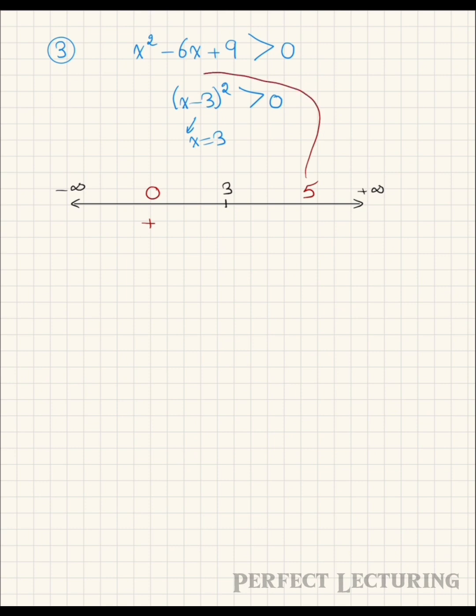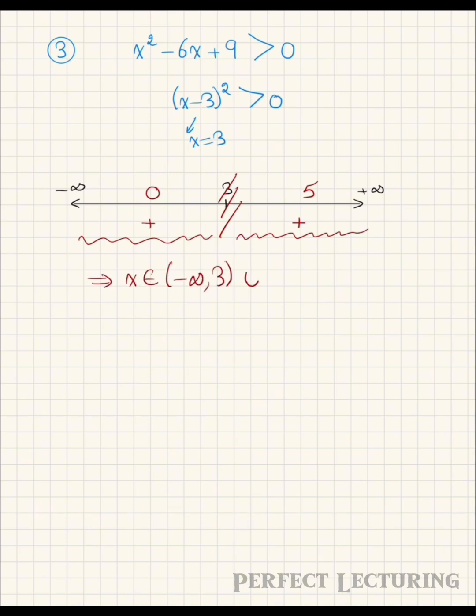Same for 5. If you plug it in here, you will also get a positive answer. And the solution region is this interval as well as this interval, but we have to exclude the 3. Why? Because there is no equal sign here. So the answer is x belongs to -infinity, 3, open interval, union 3, plus infinity, open interval.